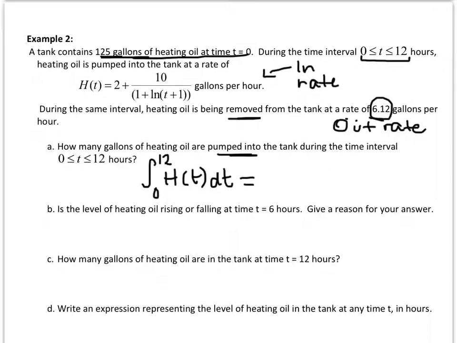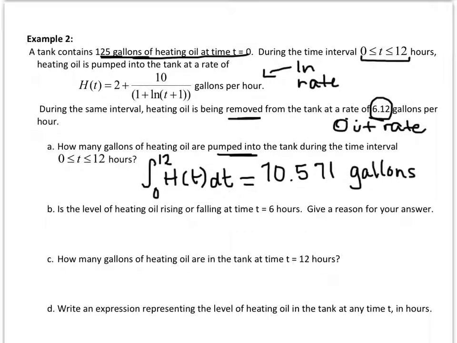Using my calculator to evaluate that integral, I find that the total amount of heating oil in gallons that has come in over the 12-hour period is 70.571 gallons, again rounding to 3 decimal places.